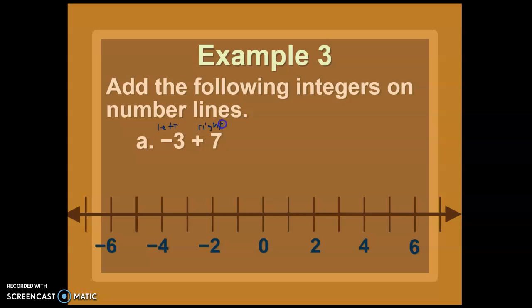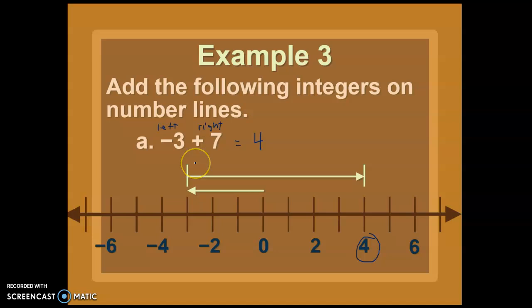If I draw that on the number line, here's what that looks like. Left 3, always starting at 0, and then right 7. And after I've combined those two numbers, I've landed on our 4 right here. So we could say that that is positive 4.